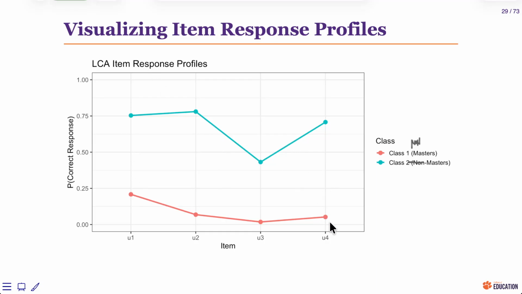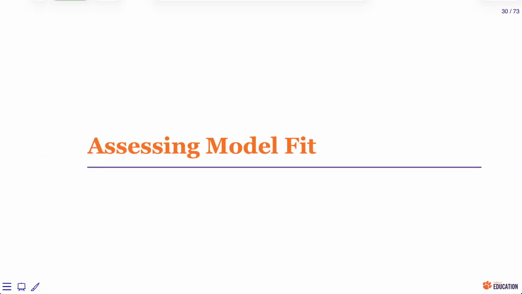So that was where the distinction comes from. Again, I'm going to note those labels are arbitrary. You could say higher performing or lower performing and be just as accurate. In fact, I'd prefer that, because to be a master of a content area, I feel like you can't really express it very well with 4 items. It's a tough guess as to how to do that.